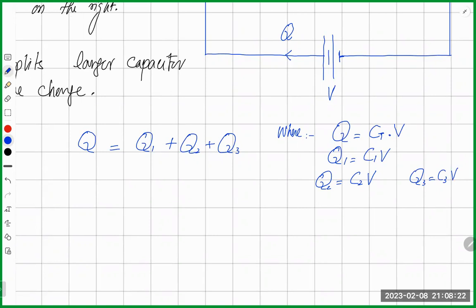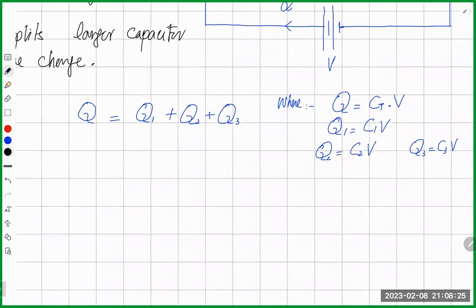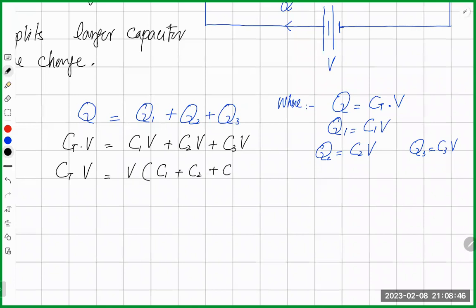So let's put all these values of Q over here. We'll get total capacitance into voltage equals capacitance 1 into voltage plus capacitance 2 into voltage plus capacitance 3 into voltage. I hope you can see that I can easily take V as common, C1 plus C2 plus C3.